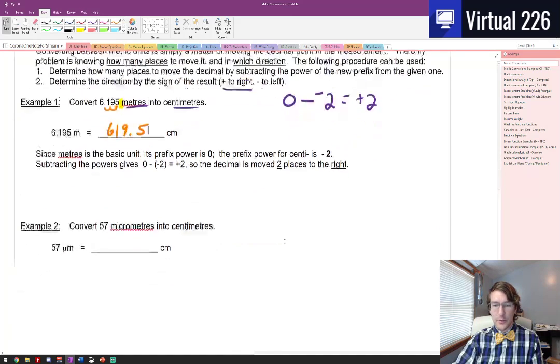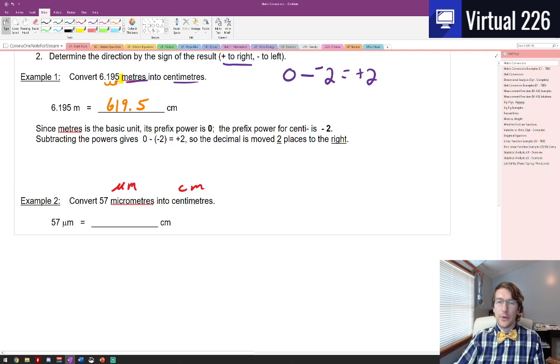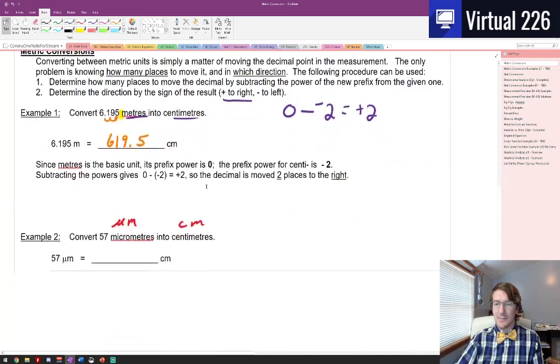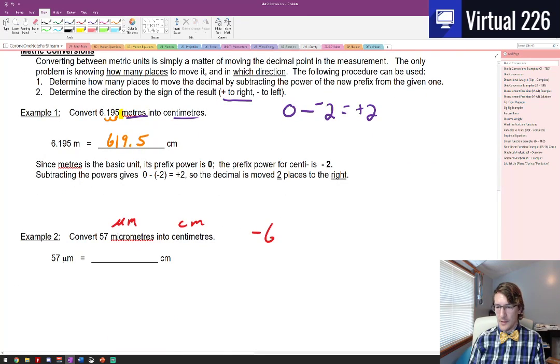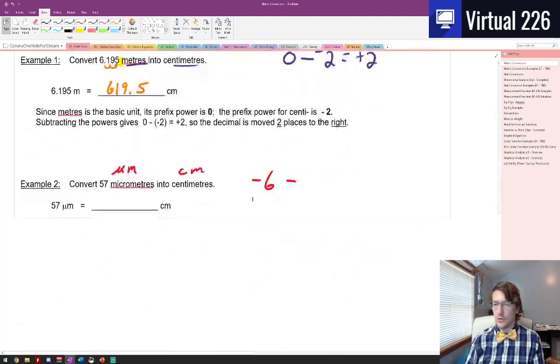For another quick example, if we wanted to go from micrometers to centimeters, we're going a different way. These are micrometers, and these are centimeters. What we have for micro is minus 6, and then we're subtracting centi, which is minus 2 again. So negative 6 minus negative 2, well, that's like negative 6 plus 2, which is negative 4.